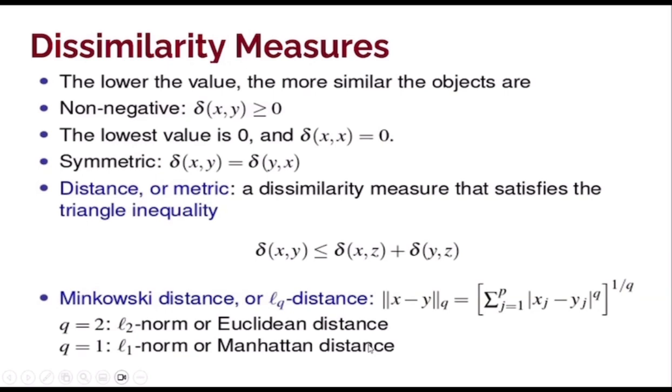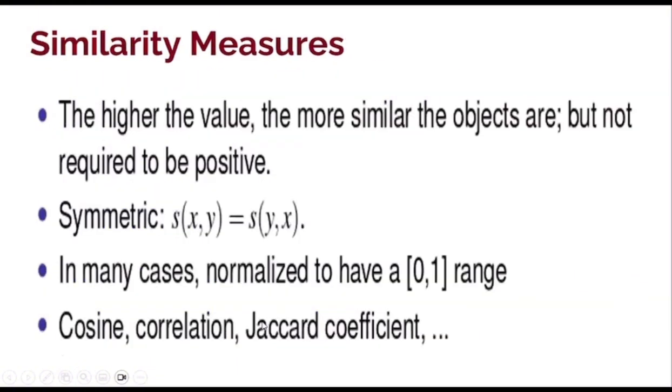If q equals 1, that is called the Manhattan distance. If q equals 2, that is called the Euclidean distance. We can apply these dissimilarity measures when clustering, and we can compare whether they resolve to the same number of clusters. These are the common distance measures that we use in clustering.